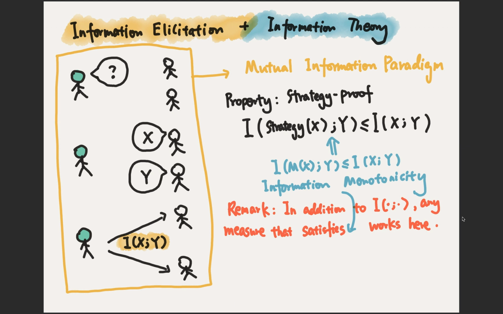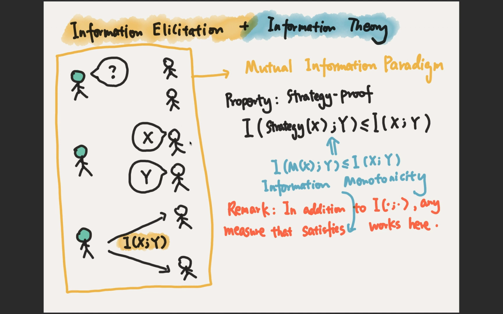Okay, so now let's talk about information elicitation plus information theory. This is one of the most important things in my previous works. It's called the mutual information paradigm. So the idea is simple. First, the requester asks the crowds some questions, and for example, there are two participants here, Alice and Bob.